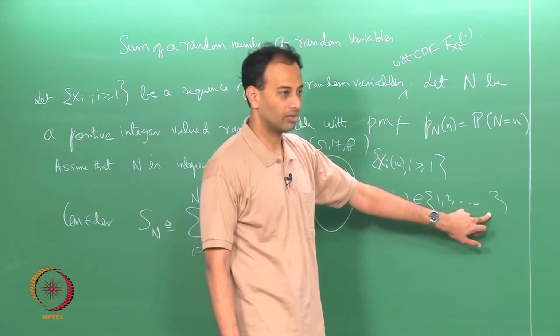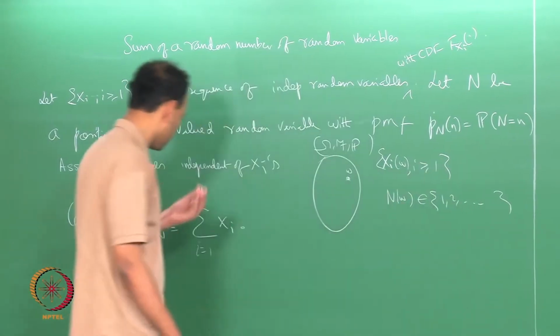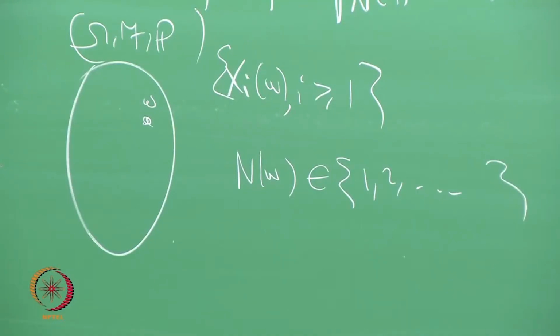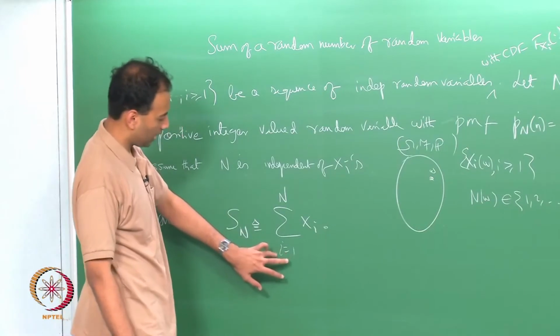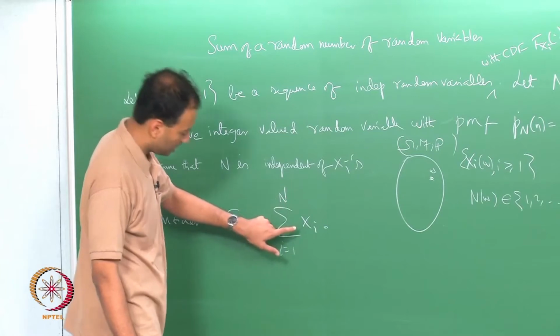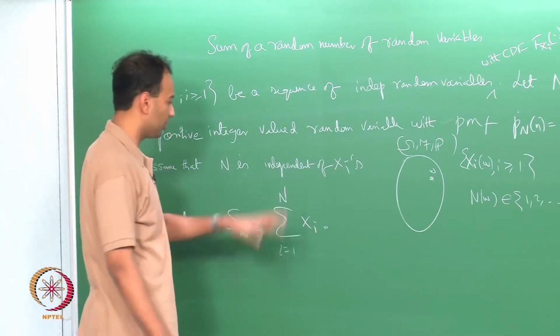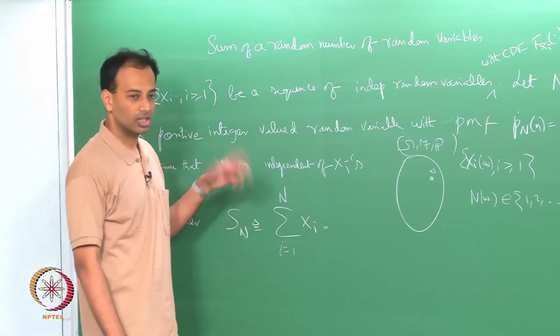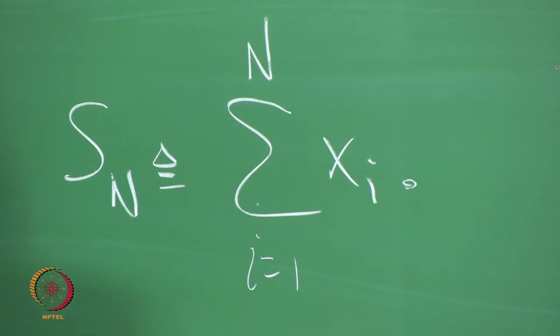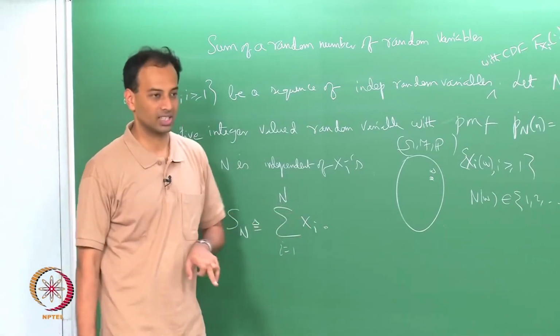So, when little omega realizes, this S_N of omega will simply be the sum from i equals 1 through N of omega of Xi of omega. Okay, so the number of terms you are summing also depends on the realization omega. It is not a fixed number, but there is only one source of randomness. Omega is what determines the realization of N as well as the Xi's.